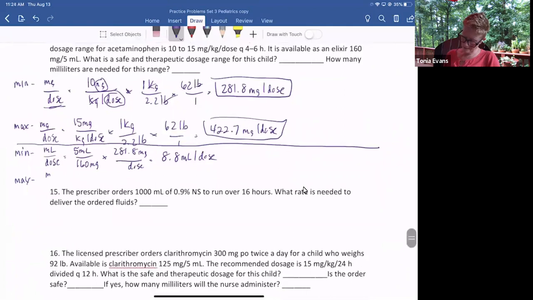And max would be, I know I'm getting a little sloppy here. 422.7. Forgot I was going to need so much room on this one.